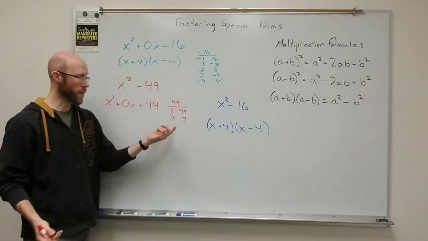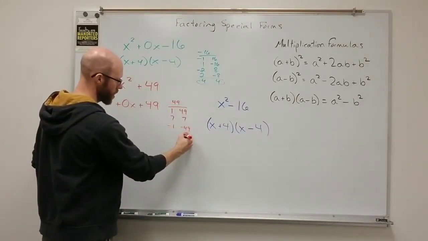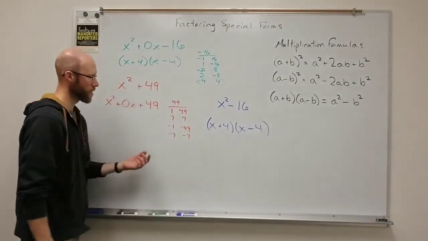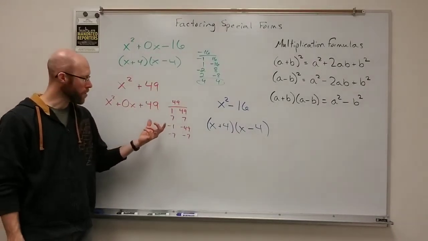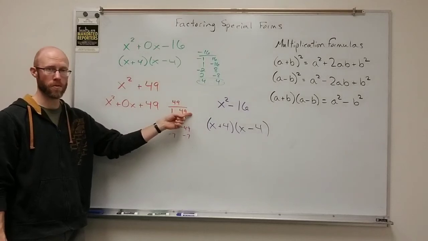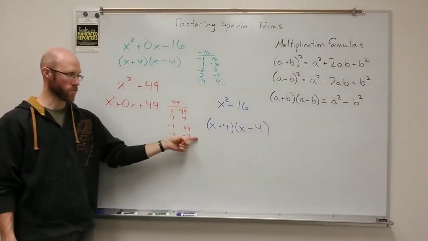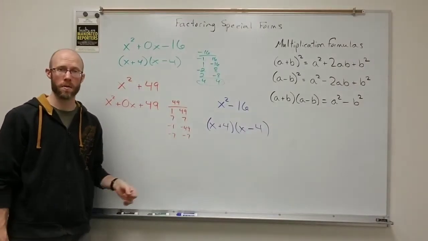Well, of course you could throw negatives on those, right? You could also have -1, -49, and you could have -7, -7. But when you add those up, each pair, none of them add up to 0, right? The first pair adds up to 50, this one's 14, this one's -50, and this one's -14. None of those add up to 0.